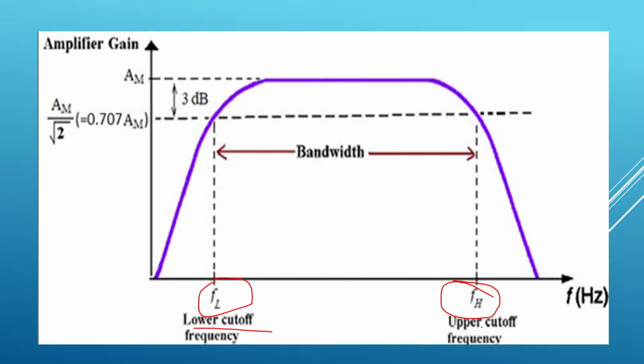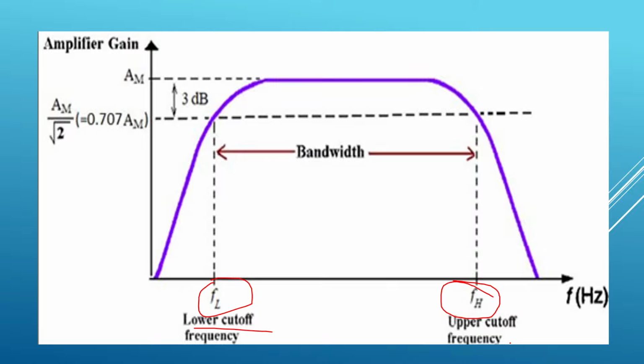You can even call them low corner and high corner frequencies, which are where the gains fall for the circuit at high as well as low frequencies. These frequency points you can also call decibel points.